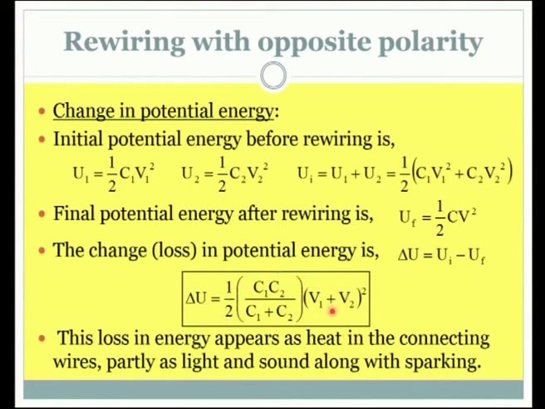The only change is in the sign that is appearing here. In the earlier case, it is V1 minus V2 the whole square, but in this case, it is V1 plus V2 the whole square. So, all the more the energy is lost because the annihilation of charge is happening. This loss in energy appears as heat in the connecting wires, partly as light and sound along with sparking. The same thing is happening, only the expressions are different.